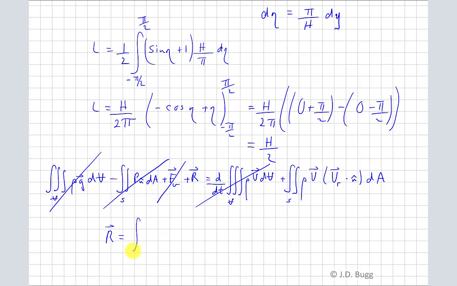We have our non-uniform exit. So I'm just going to say we're integrating over exit 2, density times velocity times v dot n dA. And then our uniform inlet we can write as minus m dot times v1, the velocity at 1.